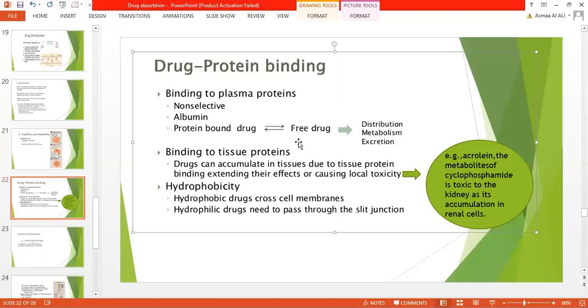This maintains the free drug concentration as a constant fraction of the total drug in the plasma, and this free drug will then undergo distribution, metabolism, and finally excretion.